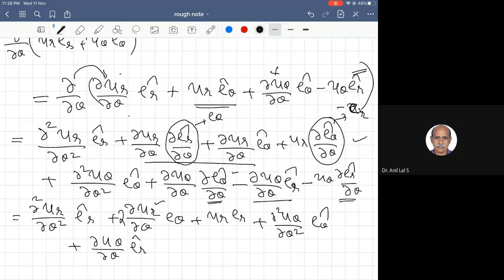There is minus er of the same thing, so the entire thing becomes minus twice dou u theta by dou theta er. Minus u theta dou er by dou theta, and dou er by dou theta is e theta, so it becomes minus u theta e theta.